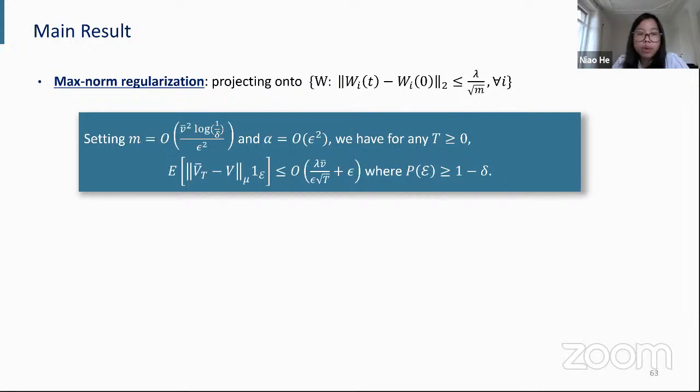That being said, you only need a very modest overparameterization, in the order of 1 over epsilon square, and then you will be able to achieve global convergence for this neural TD learning algorithm.